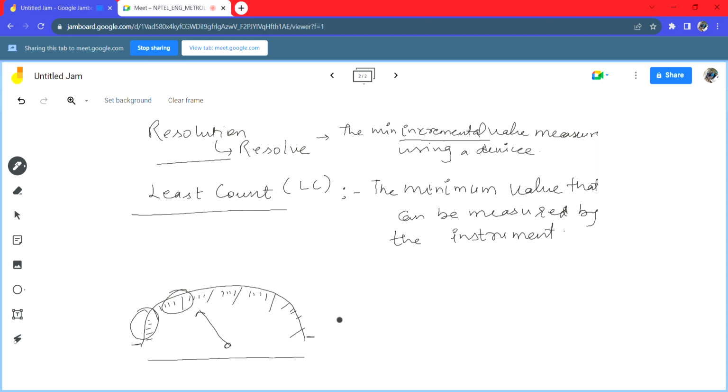Now, when I say least count, I say the minimum value that can be measured by the instrument. Now, if this particular scale ranges from, say, 0 to 5, then 5 to 10, 10 to 15, 15 to 20, 20 to 25, and 25 to 30.